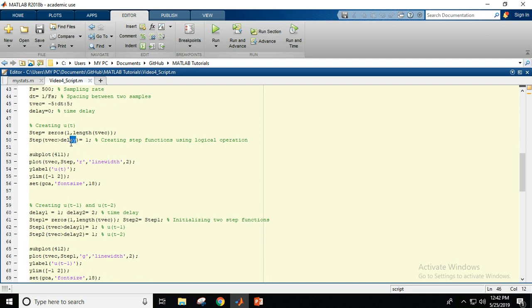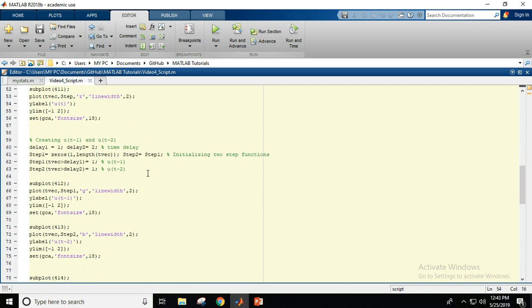Basically I've used a logical operation here to find the indices of all the tvec values greater than 0, and only for those values I set the step function equal to 1, otherwise it's 0.